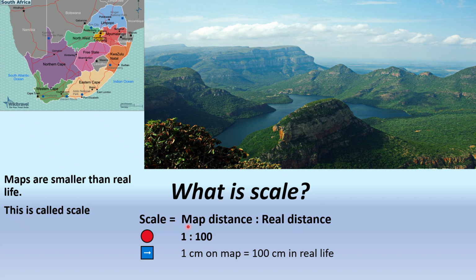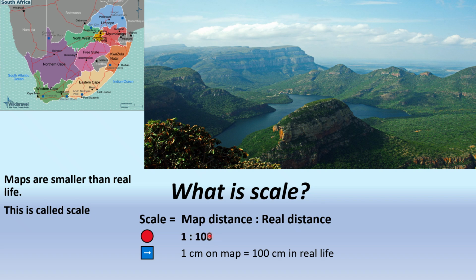The small number represents the distance on a map. Map distance, there it is. One represents map distance, or how far you can move on a map. You can walk on a map, move on a map. That is one. One equals distance on a map.